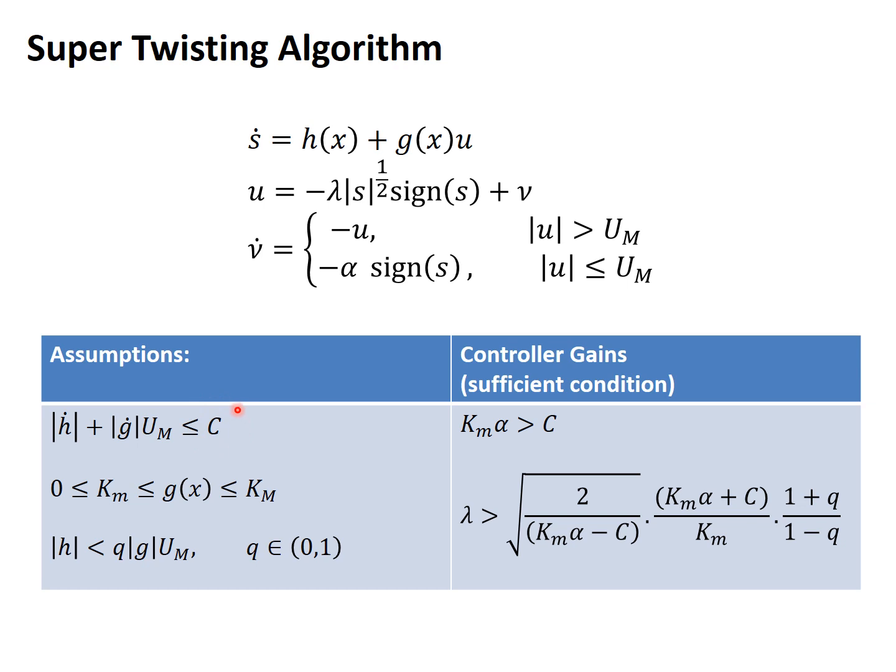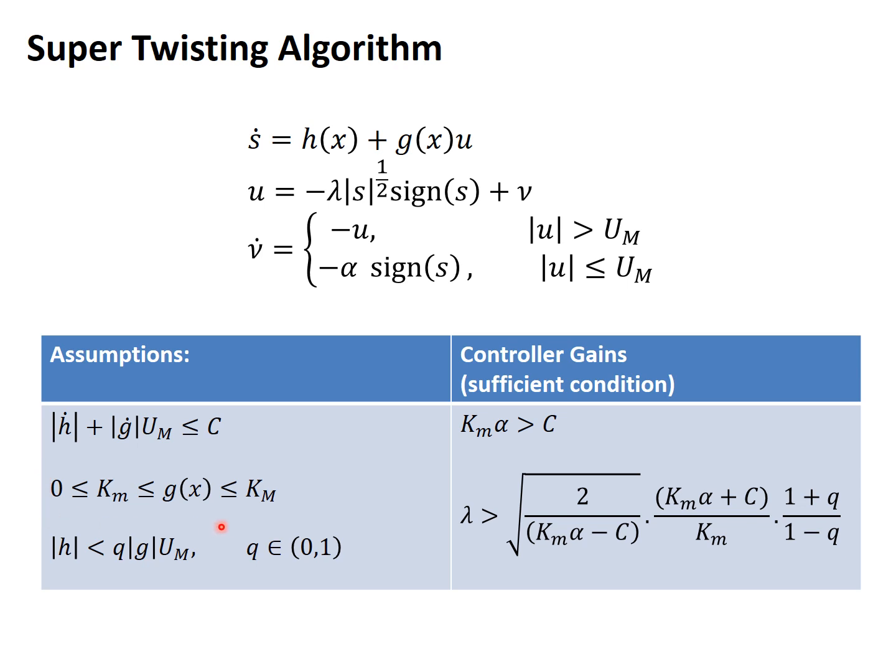This is some number, so this must be finite. That is what they are saying. So this quantity is finite, it is bounded by some c, and we should know this bound. This c should be known, because you see this c is coming in the controller gain condition.